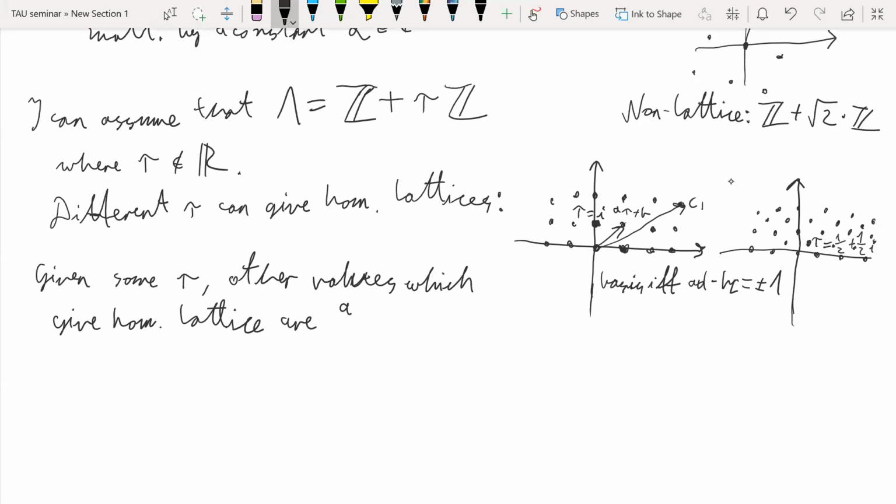It doesn't make much of a difference, but it is a bit of a technical convenience. If we write it as a tau plus b over c tau plus d, where ad minus bc is equal to plus or minus 1.